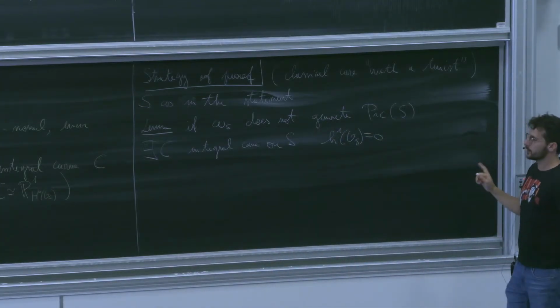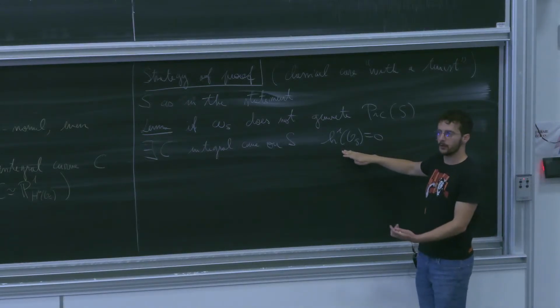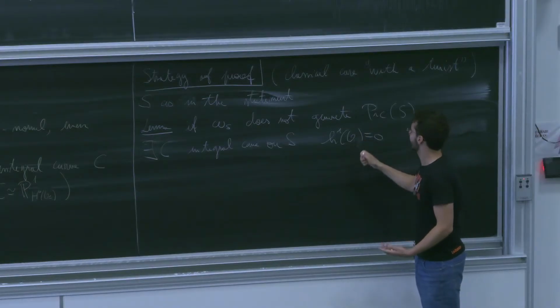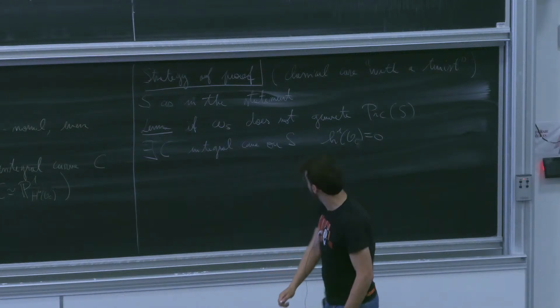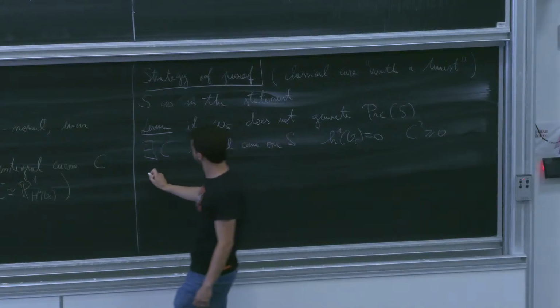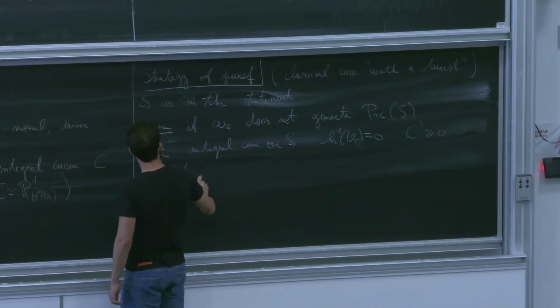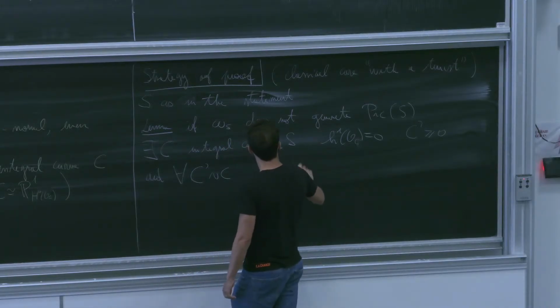For me this is not a genus 0 curve; for me a genus 0 curve is also one such that h^0 is 1. Thanks a lot. C square is, and for any C' linearly equivalent to C, C' is integral.